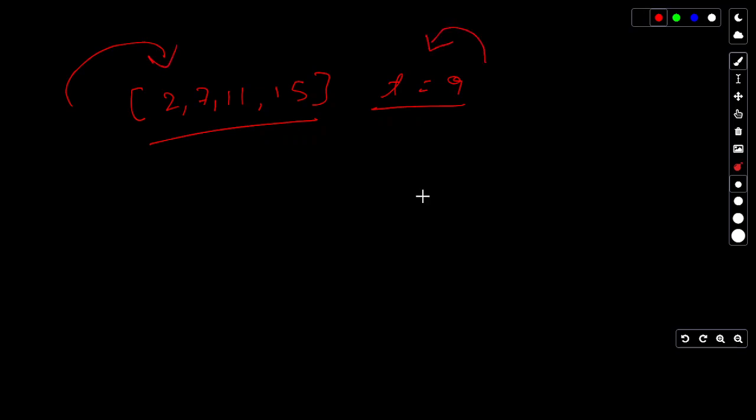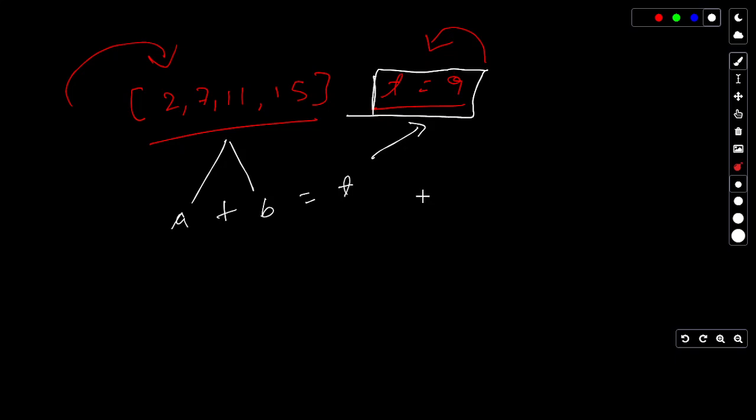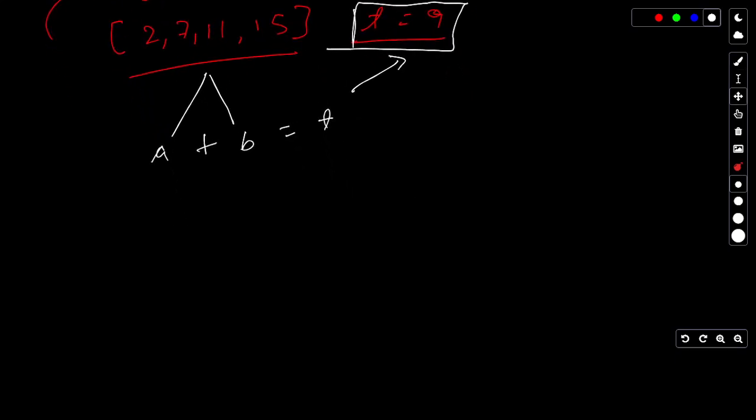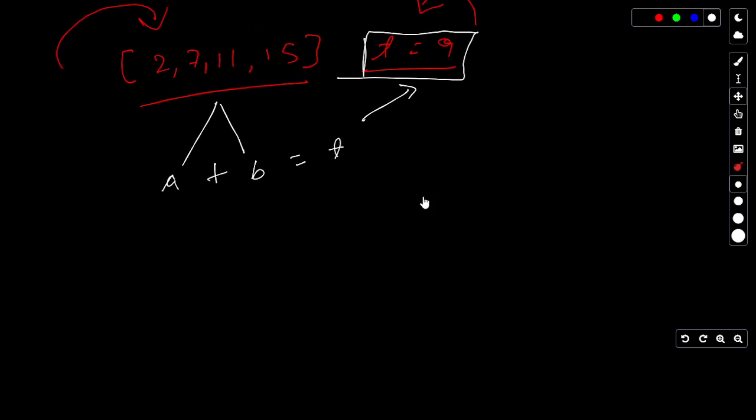What we need to do exactly is find two numbers A and B from this array whose sum is equal to the target. It's pretty straightforward. We can obviously use this equation to our advantage.